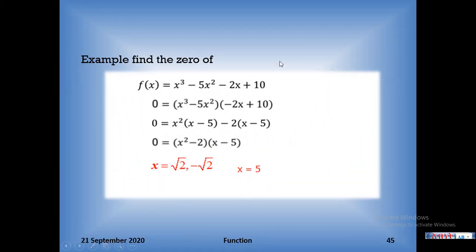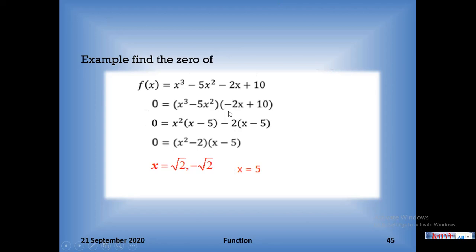For example, look here, x cubed minus 5x squared minus 2x plus 10. Let us use the grouping method: x cubed minus 5x squared as a group, and minus 2x plus 10 as a group. Let us take out a common factor.